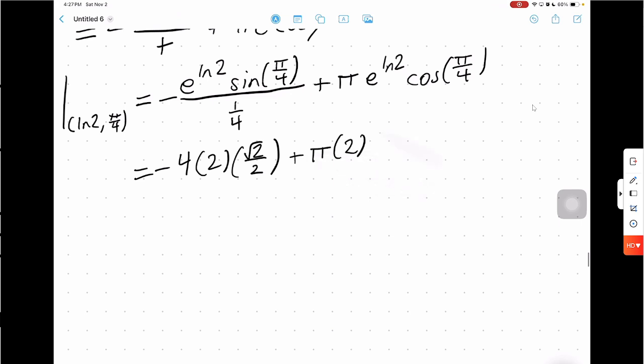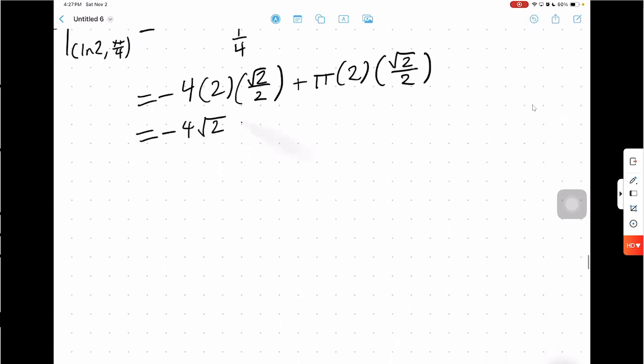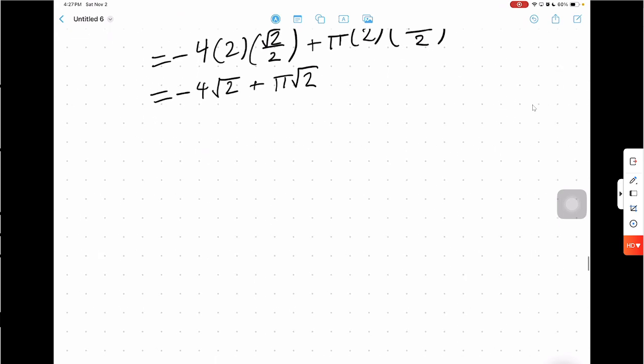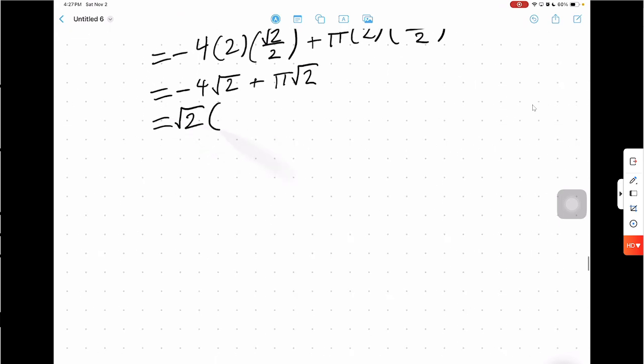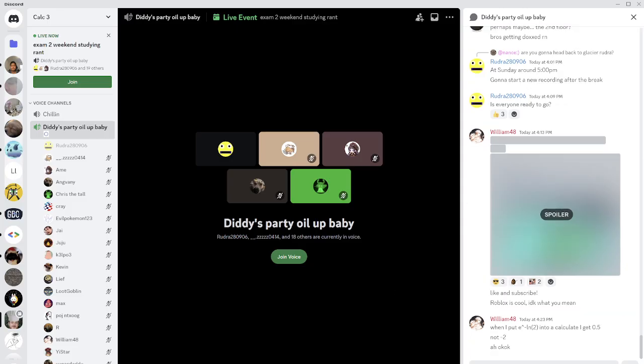Pi times 2 root 2 over 2. We get negative 8 root 2 over 2, 4 root 2, sorry. Plus pi root 2. So we just get root 2 times pi minus. Damn it.